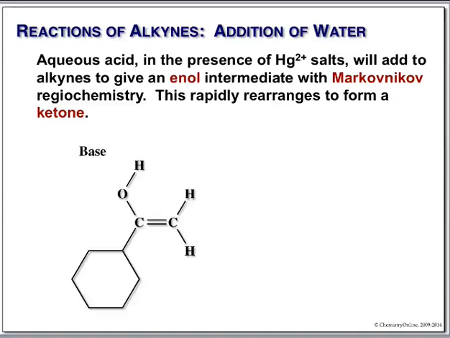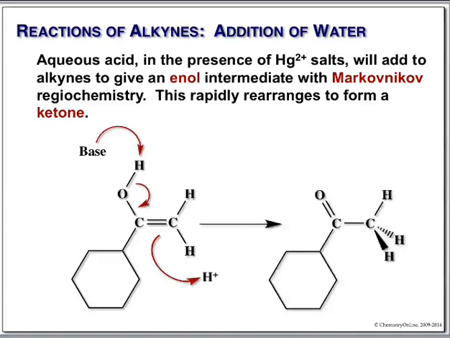That's so neat. Let's do it again. Base pulls off the hydrogen. These electrons move in, these move out, and they pick up a hydrogen. Hydrogen goes here, and this is now a carbonyl.